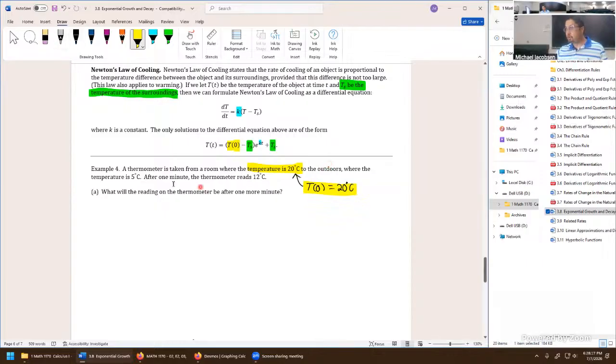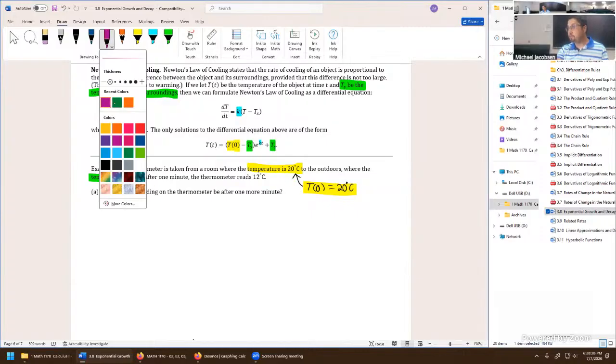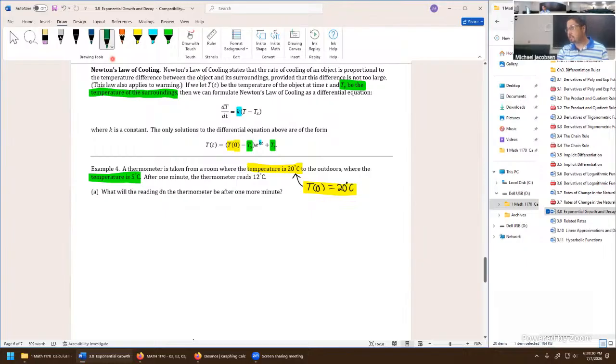It's taken to the outdoors where the temperature is 5 degrees Celsius. That's the temperature of the new surroundings. So we can highlight this and say that piece of information tells us T sub S is 5 degrees Celsius.